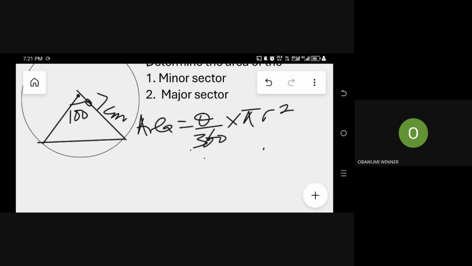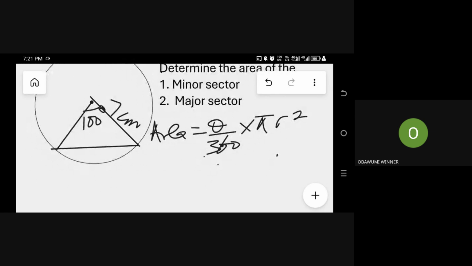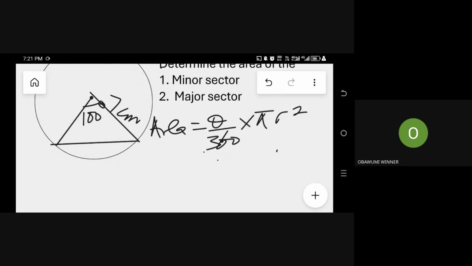Okay, so let's look at the area of the minor sector. Remember, when we talked about this, you should already be very familiar with the minor sector and the major sector. A sector is formed by or bounded by an arc and two radii.